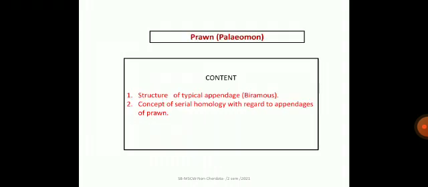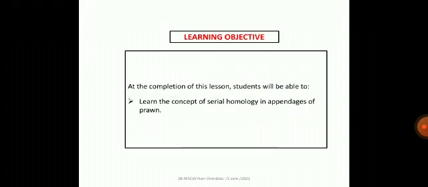So the content of this topic is the structure of typical appendage and the concept of serial homology with regard to appendages of prawn. Obviously, the learning objective will be that the students at the end of this lesson will be able to understand the concept of serial homology in appendages of prawn.